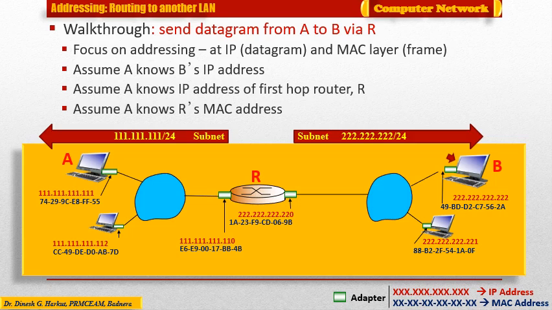Thus, all the interfaces connected to subnet 1 have addresses of the form 111.111.111.XXX. Similarly, all the interfaces connected to subnet 2 have addresses of the form 222.222.222.XXX.